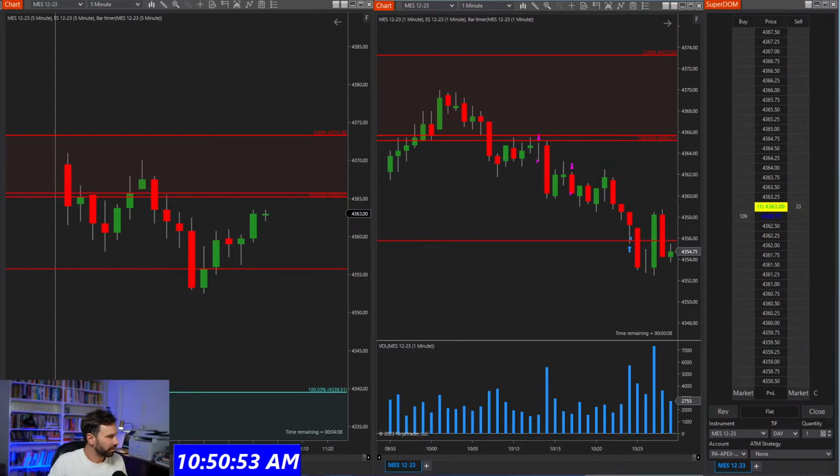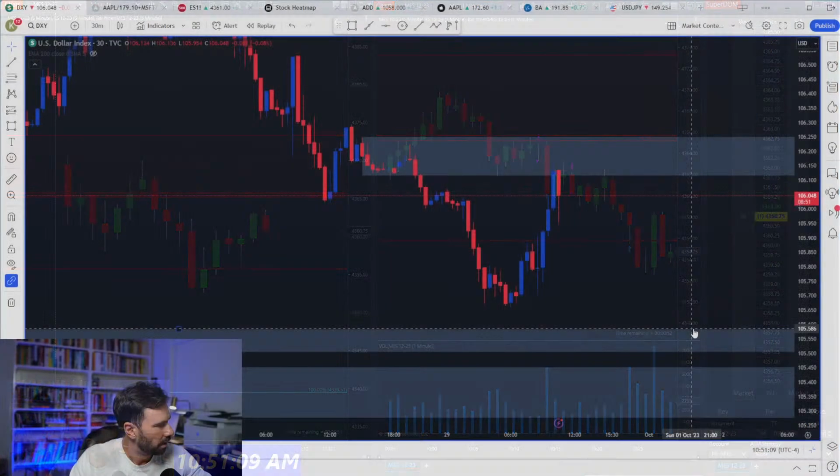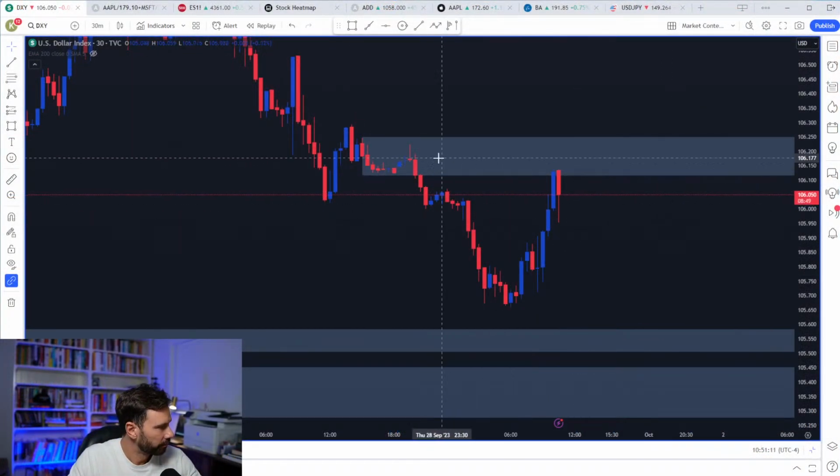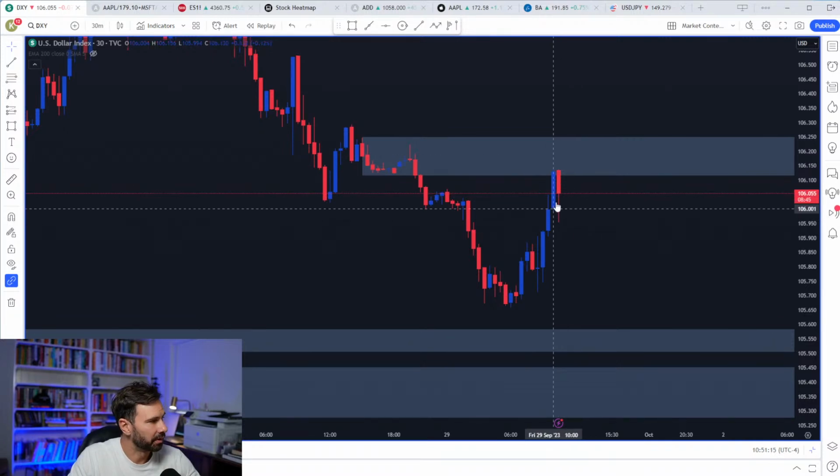Now let's go review what's going on with dollar and rates. So rates are bouncing, still bouncing, and the dollar has reached some supply here, which is not my favorite, but look, it's causing some retracement there.